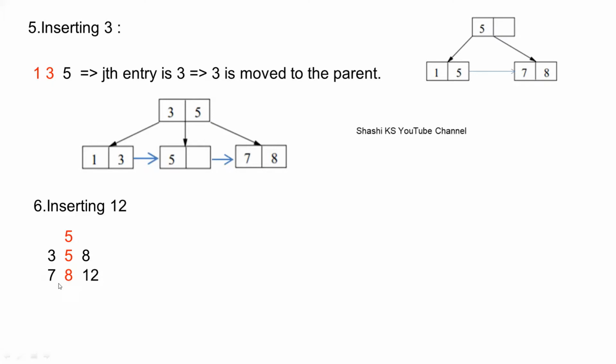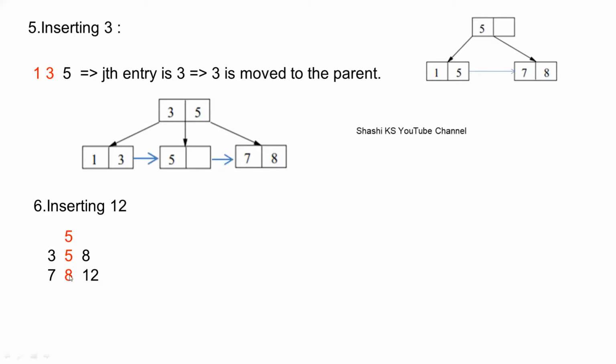Now what happens? Following our leaf node splitting principle, the value of j is 2. So the first j entries, which are 7 and 8, the first two entries, have to be kept in the original node, and 12 has to be moved to the new node. Fine. But then what I have to do? 8 has to be replicated in the parent node.